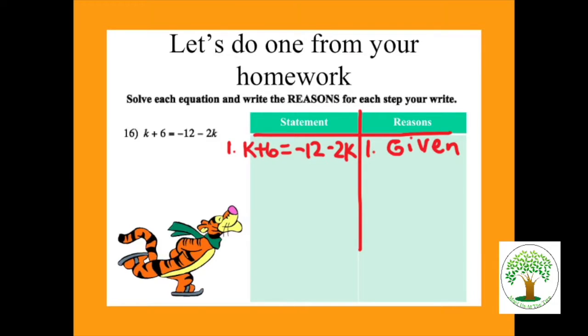So step number 2 will turn into K plus 18 equals negative 2K. If you need to write it in, please feel free to do that. If you need to make a little add 12 and add 12 in there, please feel free. Are you allowed to draw lines under it to separate it? Yes, you can if you need to.